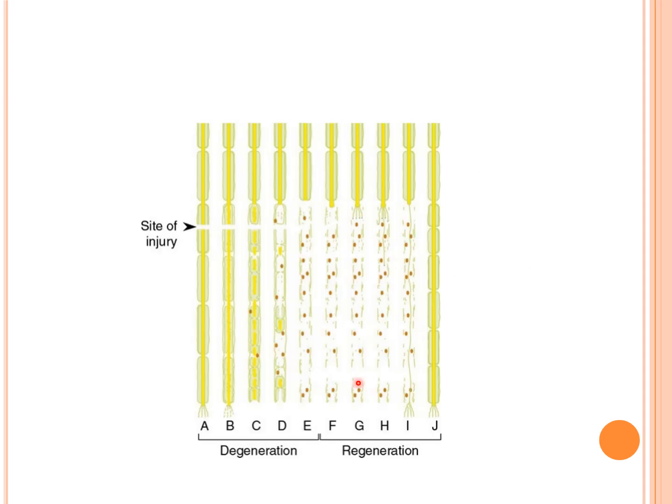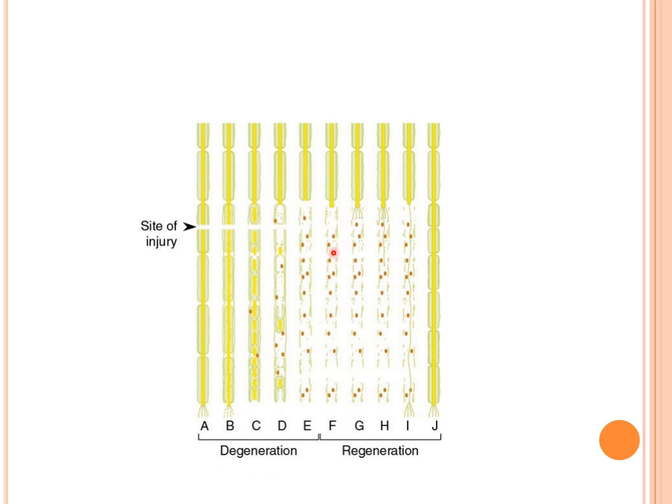So here you can see the regenerative changes. I told you the neurolemmal tube, once the degeneration occurs, right? First the axis cylinder will be broken down into fragments, debris will be formed, everything will be cleared. That is the Wallerian and proximal degeneration up to the first node of Ranvier, and the neurolemmal tube will remain as a hollow tube. So up to this, the degenerative changes.